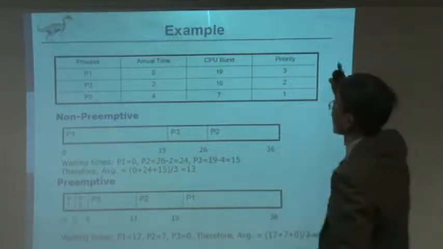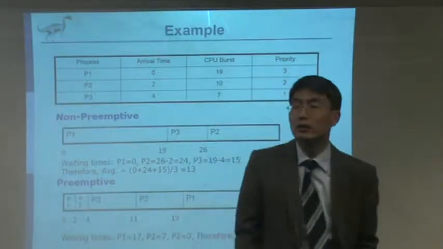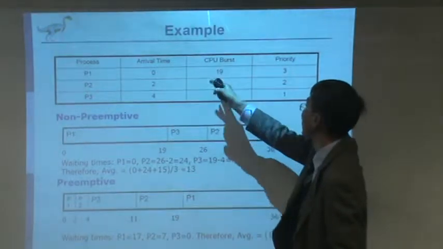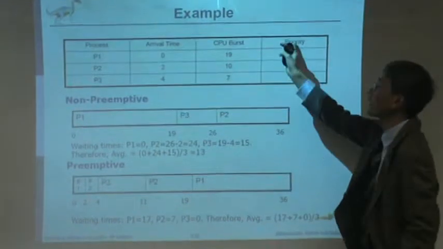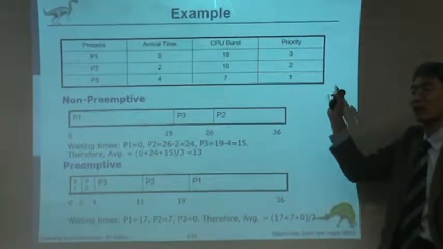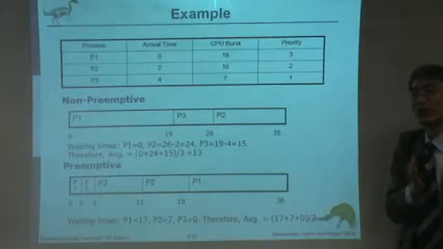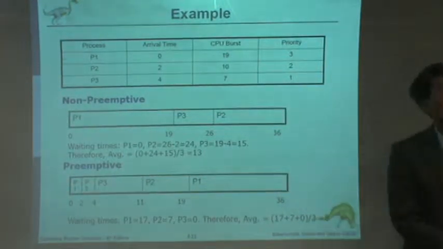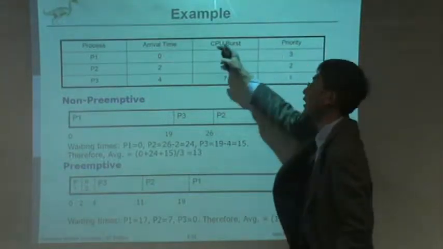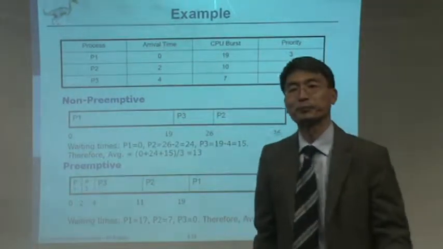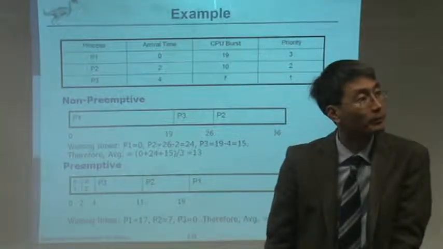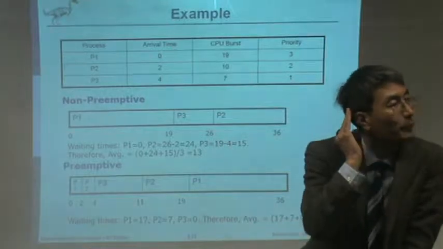We have this kind of processor state. Process 1 arrives at time 0 with CPU burst time 19, and it has a priority. If you are asked to implement this CPU scheduling algorithm, where can you manage such information? The ready queue?